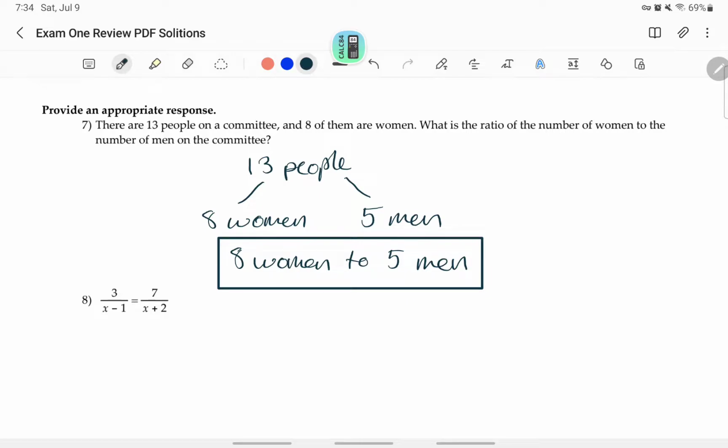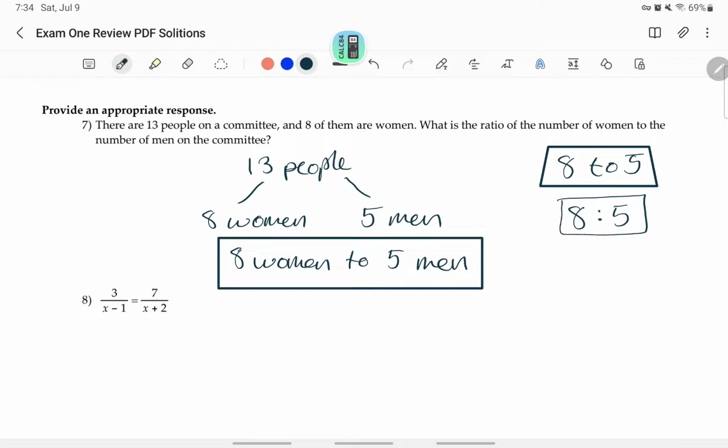Other alternative answers that you will see will be 8 to 5, we can also see using the colon, 8:5, and then we can write that as a fraction, which is 8 over 5. And that is the answer for number 7.